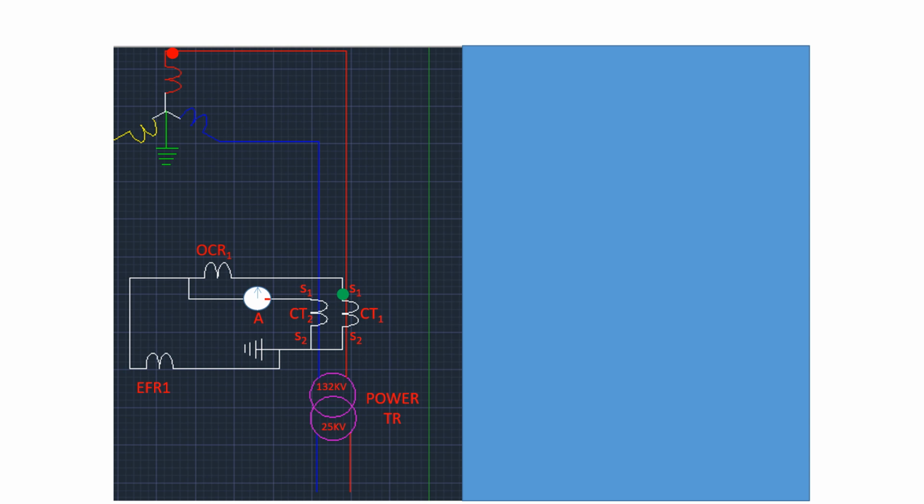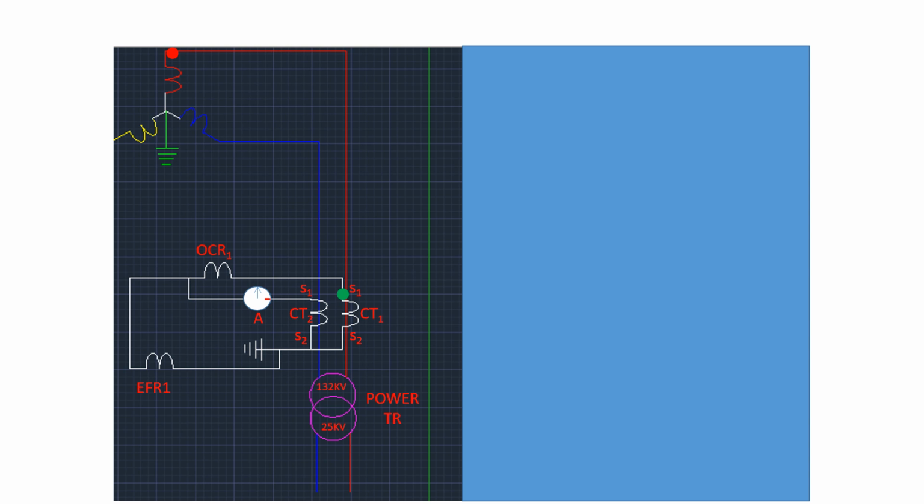Figure shows the connection diagram of the HV side overcurrent relay in the traction power supply system.